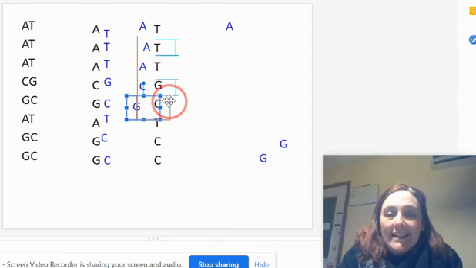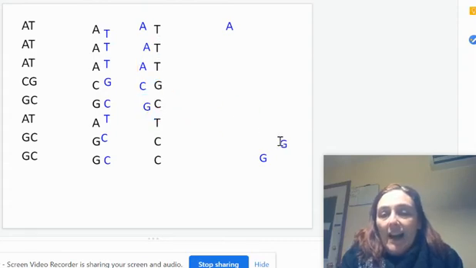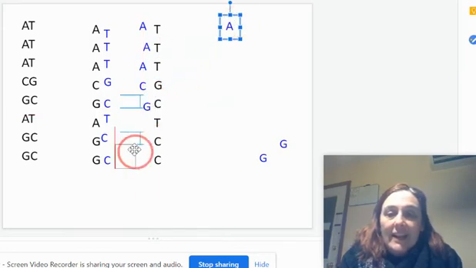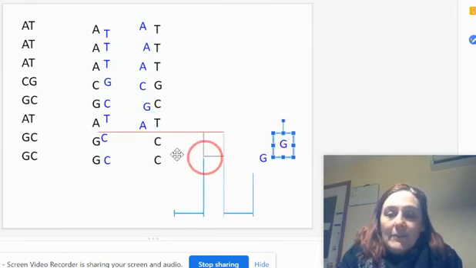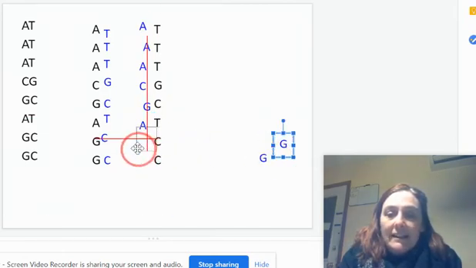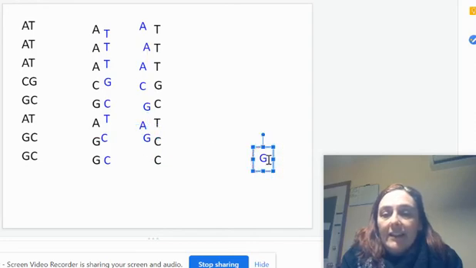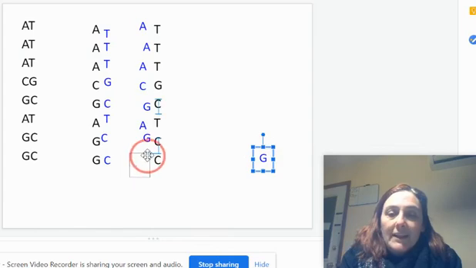Let's see. There's our G. What's going to match with that T? Now we can get that A in there. And a G will match with that C. And finally, the last C, we're going to get a G.